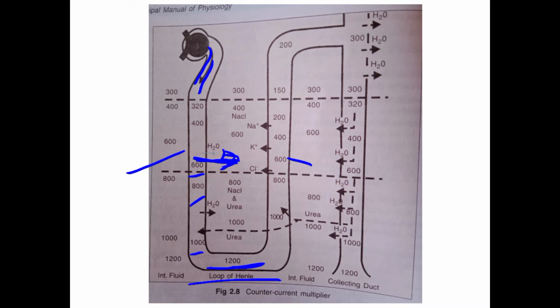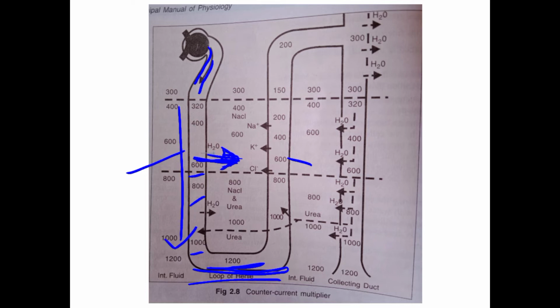The maximum is 1200 milliosmolarity of tubular fluid at the bend portion of the loop. Because water is diffusing out, the osmotically active substances go on increasing, reaching the maximum of 1200 in the bend portion of the loop of Henle. Now that is in the descending portion.